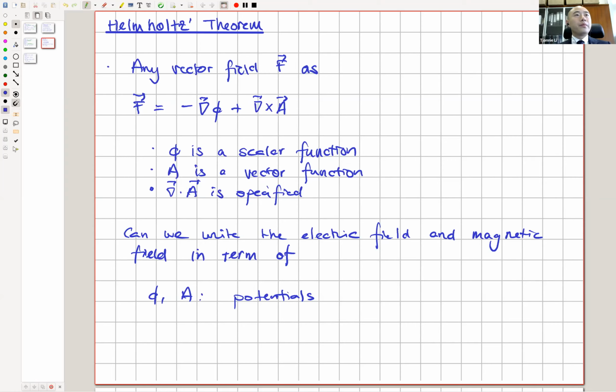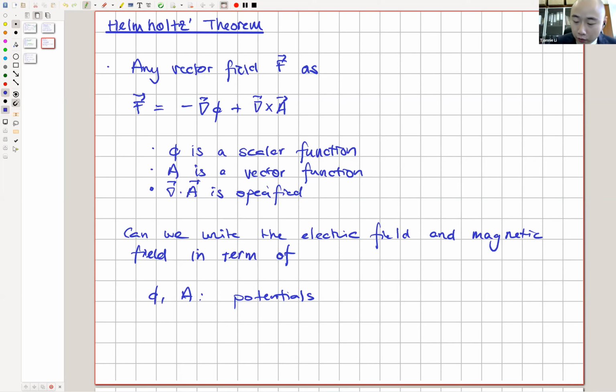Okay, so already we can see the following. If I now replace this F in this equation, I can see that E is specified by some phi. In this case, A is not necessary. So the electric field can be specified by simply a scalar function alone.